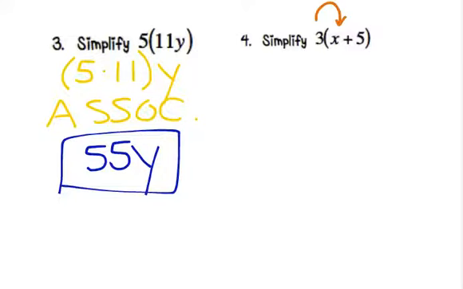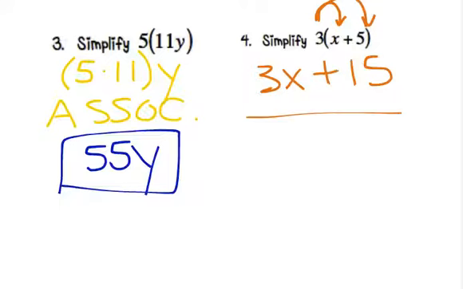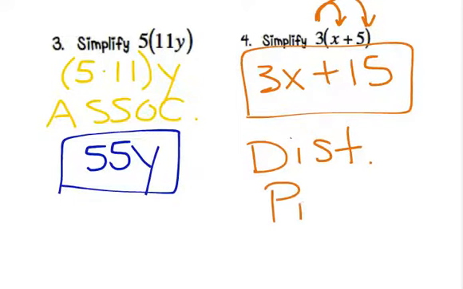How do we write 3 times x? Remember, when we have a number and a variable, we just put them side by side, so we have 3x. And then you're going to do 3 times 5, and 3 times 5 is 15. Now make sure that you put the plus sign in the middle. So that is the simplified answer. It is just 3x plus 15. And again, that is the distributive property.